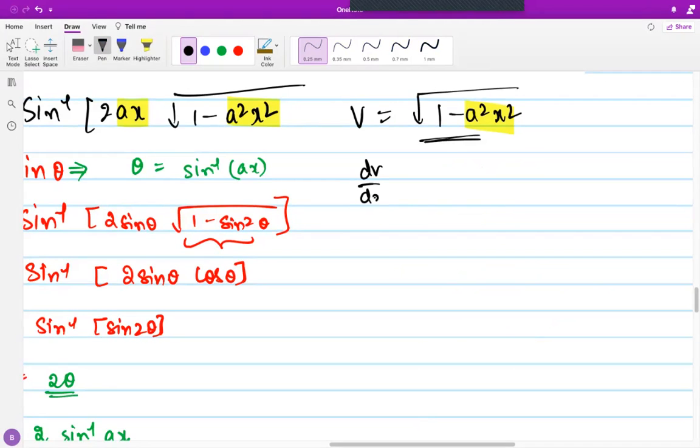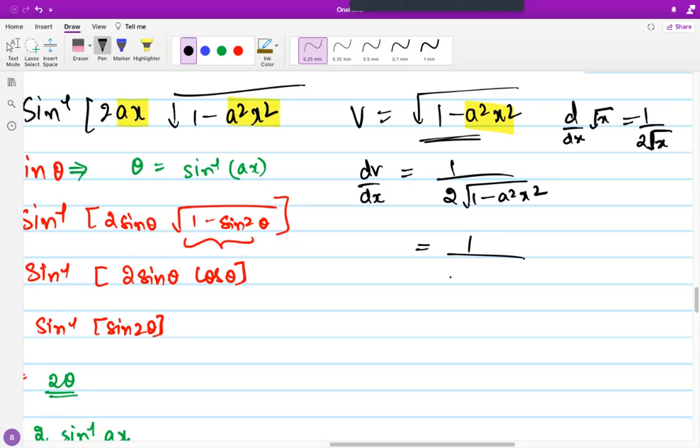So dv with respect to dx is equal to 1 by 2 root of 1 minus a square minus x square. Always remember, the differentiation of root x is 1 by 2 root x. Similarly here, 1 divided by 2 root of 1 minus a square minus x square, and again I have to differentiate a square minus x square, which gives a square into 2x.